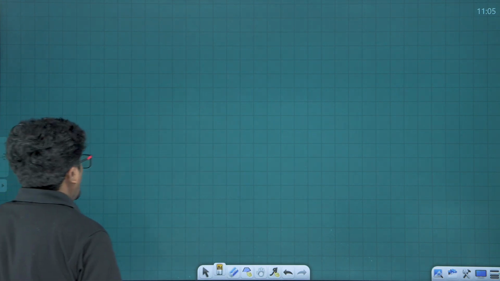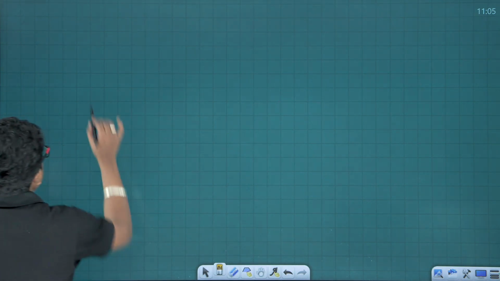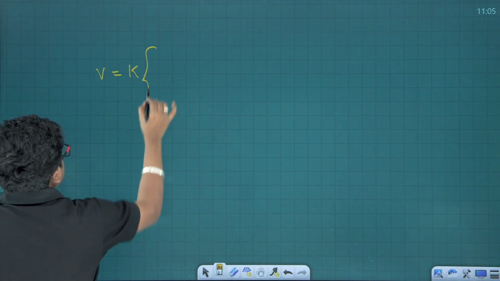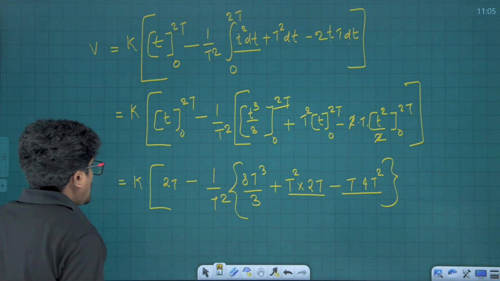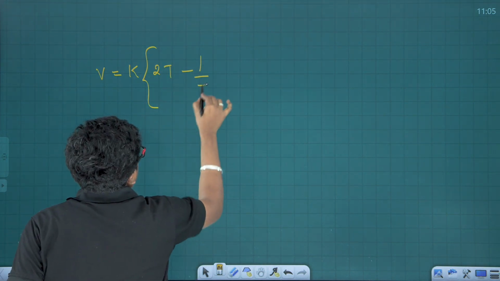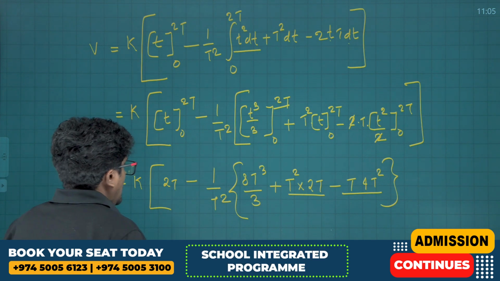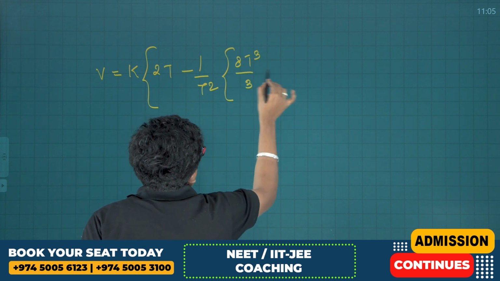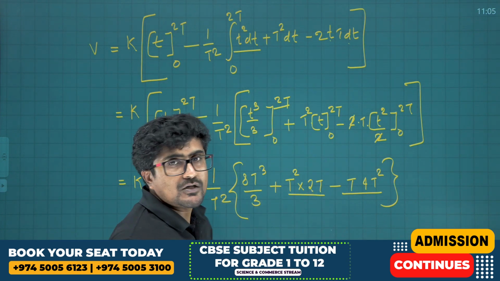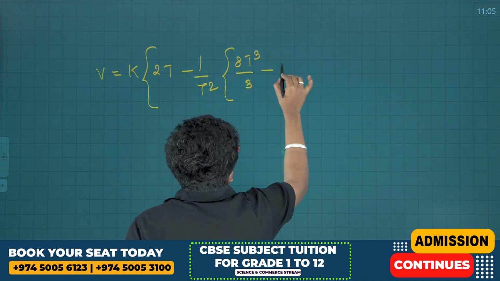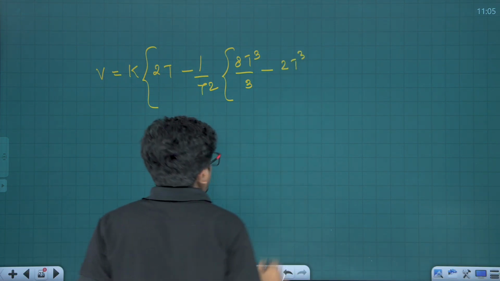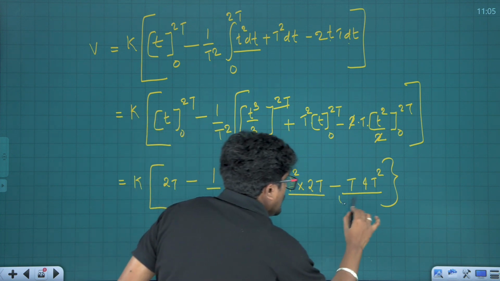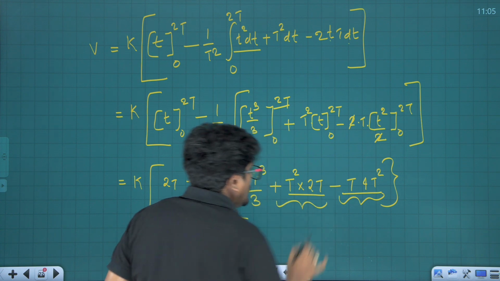So if I further solve this, I can say v equals k into 2 times t minus 1 by t square into 8t cube by 3 minus 2t cube, isn't it? Here this is going to be minus 2t cube because I have got 4t cube here, minus 4t cube here and 2t cube here.